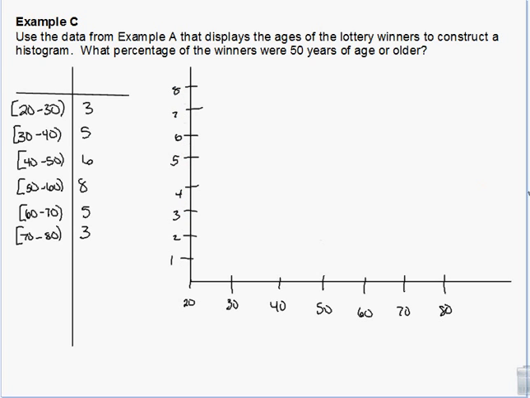Okay, 20 to 30 is 3, so 3. 30 to 40 is 5, and unlike our bar graph, which didn't touch, our histogram touches. Actually, you know what? I can make that prettier.